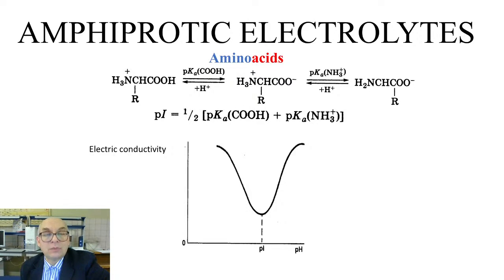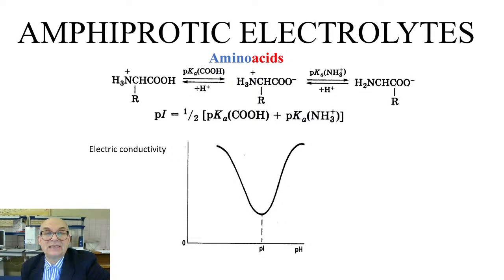What is a double ion? It means that the carboxylic group is ionized, and in the double ion it has a negative charge, COO negative, and this proton is accepted by the amino group, by the nitrogen of the amino group.